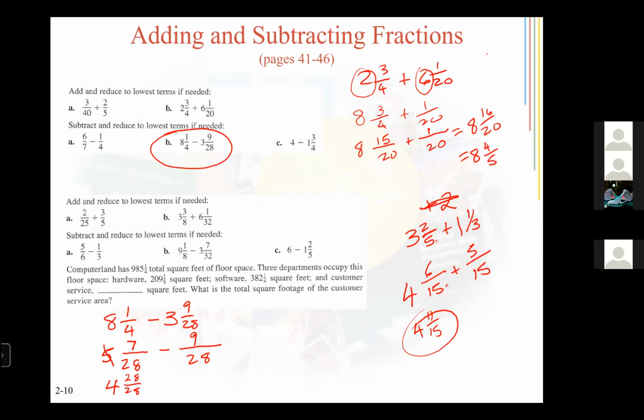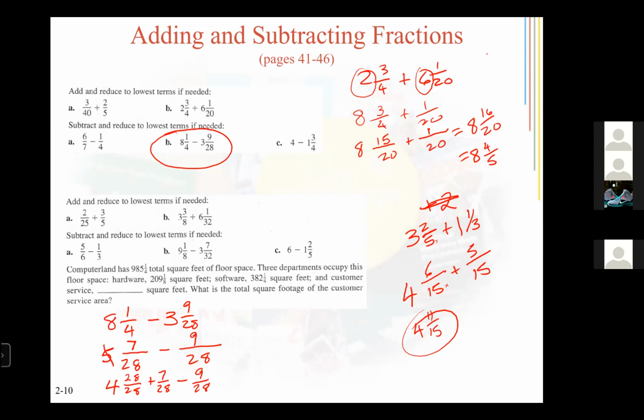So that's 4, and 28 over 28 plus the 7 over 28, minus 9 over 28. You don't really have to put it in a bracket, but you can, because 28 over 28 is 1, so that's 4 plus 1, which is 5.